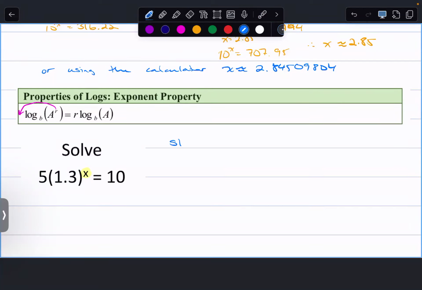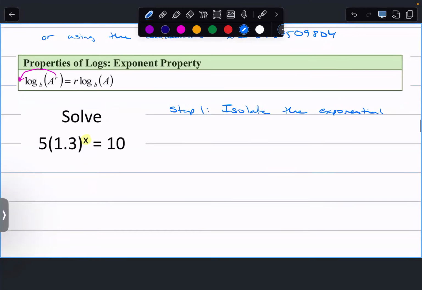So step 1 is isolate the exponential function. In this case, 1.3 to the power of x.